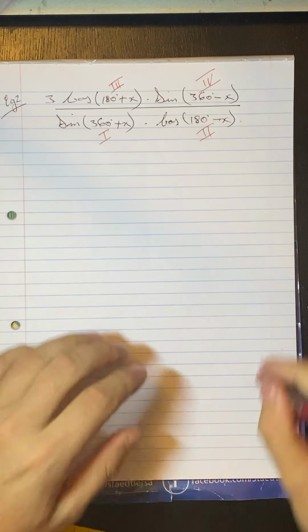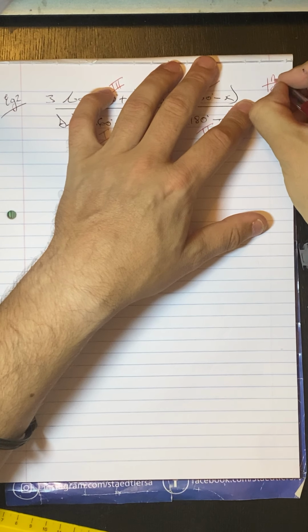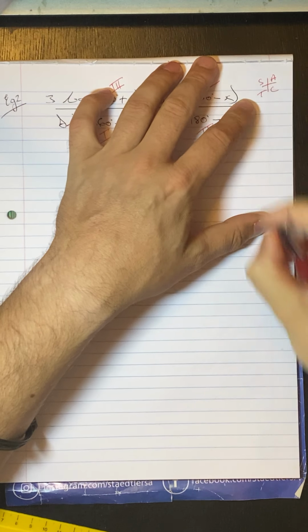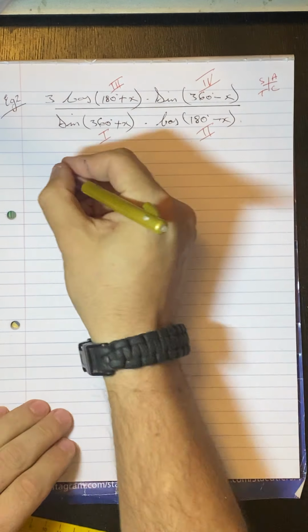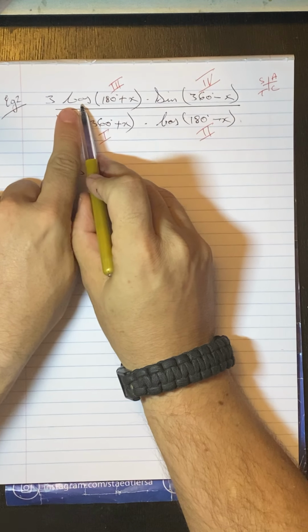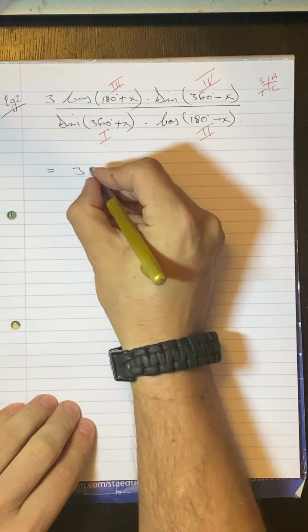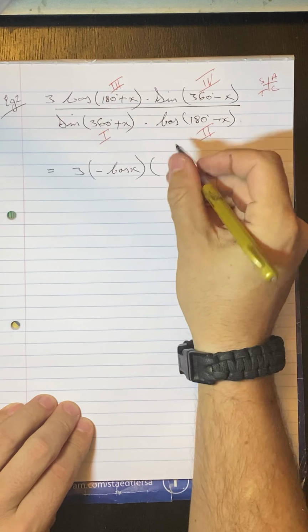And I'm just going to draw up my cast diagram on the side here. Okay, so equals 3. Now, cos in the third is negative. So we've got here negative cos x. We have reduced it. Okay.